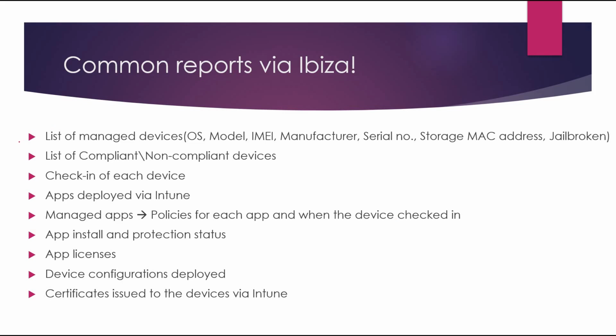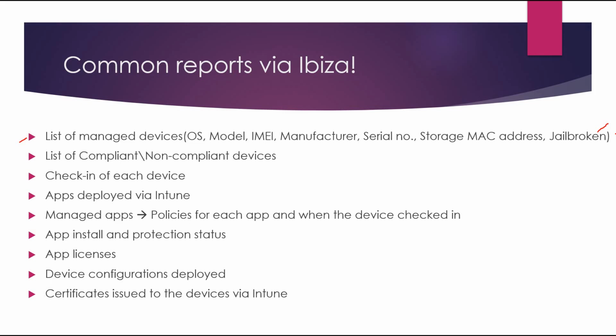So we can get a list. If I go on to Microsoft Intune, all devices, and then I export the list of devices in my tenant, it will give me a list of managed devices as well as all the information attributed to those devices: their OS, their model, their IMEI number, their manufacturer serial number, storage, MAC address, jailbroken or not.